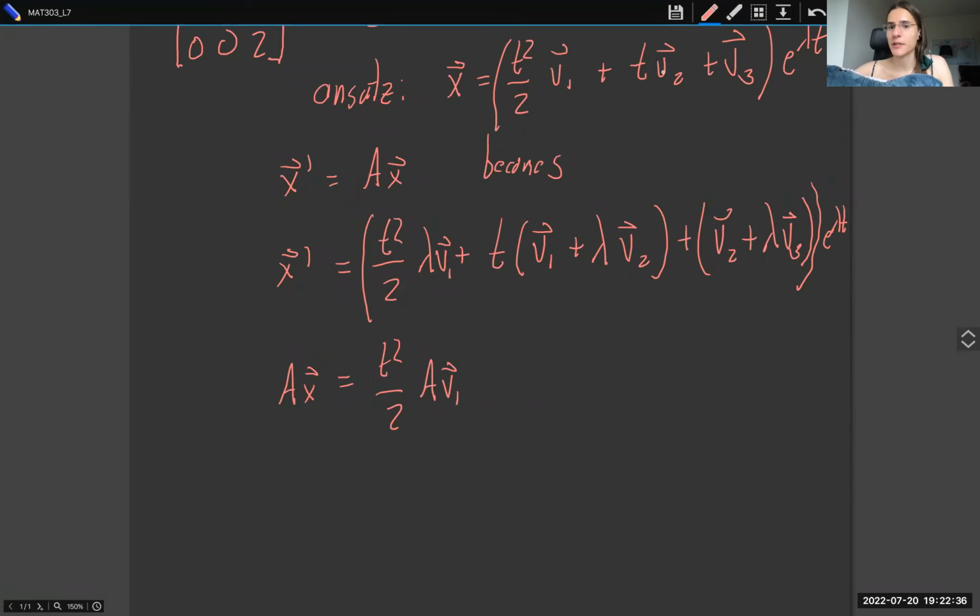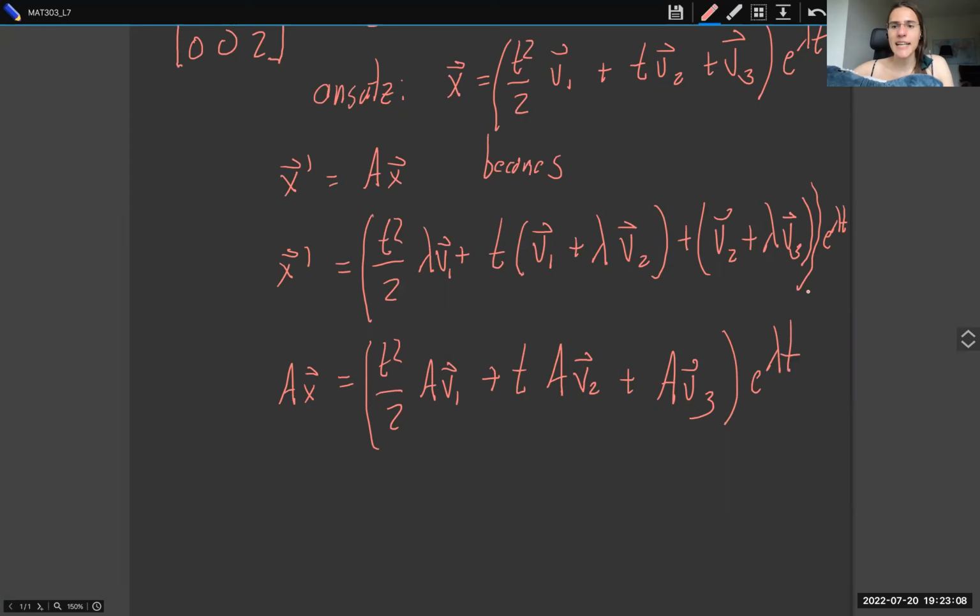However, for the second coefficient, if we wanted to be nice, then we had to have the 2 because we differentiated this and the 2 came down and canceled with that. So that's why we had the 2 there. So then we have t A v2, and then we have just A v3, and all of this is multiplied by e to the lambda t.